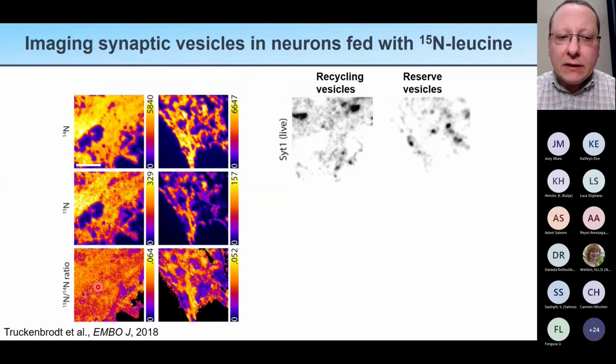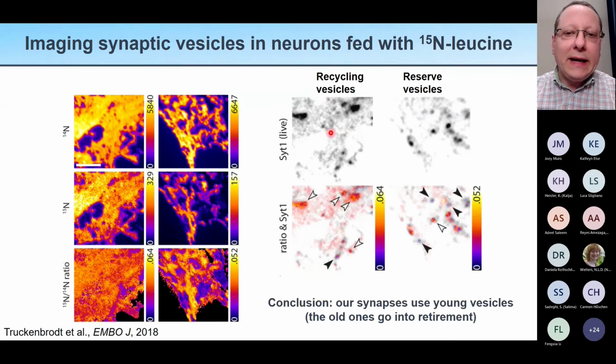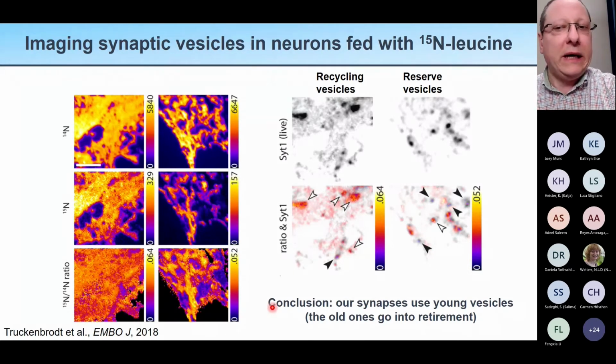We looked at the 15N to 14N ratio, and we realized through this that the active vesicles were rich in 15N, were hot, and the inactive vesicles on average tended to be much cooler, much less 15N, implying that the active vesicles are new, and the inactive ones, the reserve ones as they are called, are old retired vesicles. So it kind of makes sense that the synapse in our brains would use new stuff and would not want to use the very old vesicles.